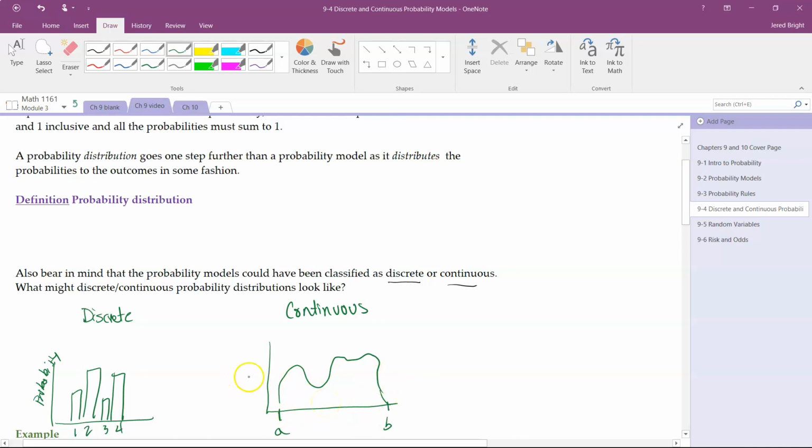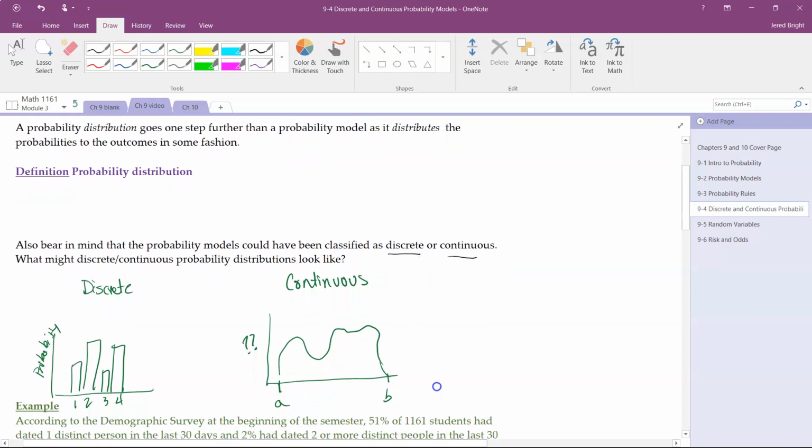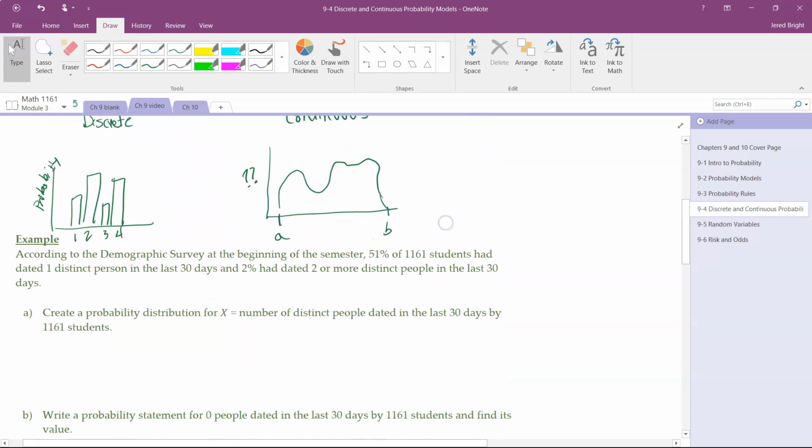The only thing we don't really know is what that vertical axis is. It actually is a little fictitious, I'll say for now. The vertical axis is not going to be probability, because we measure probabilities in a different way for a continuous probability distribution. Nevertheless, let's dive into each one of these probability models and see what they look like.